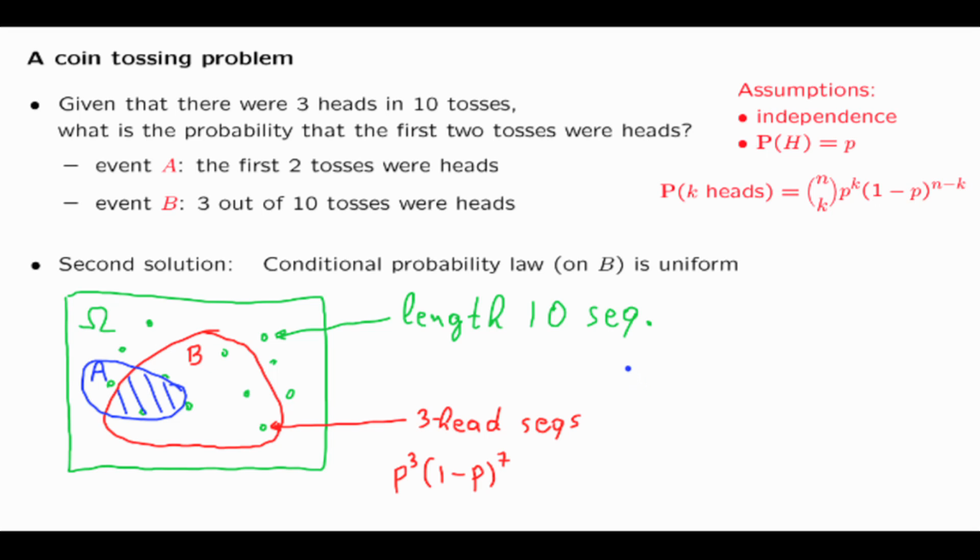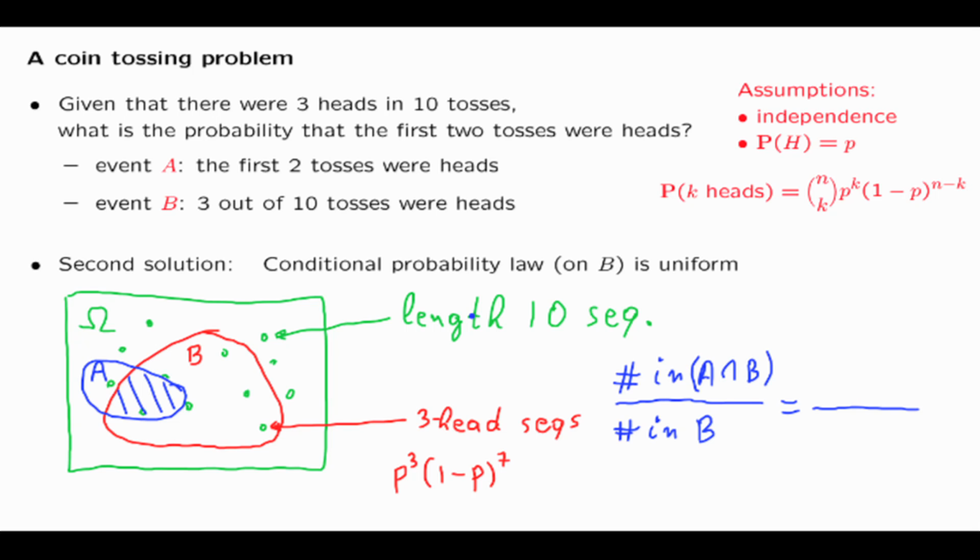So the desired probability is going to be the number of elements in the shaded region, which is the intersection of A with B, divided by the number of elements that belong to the set B. How many elements are there in the intersection of A and B?